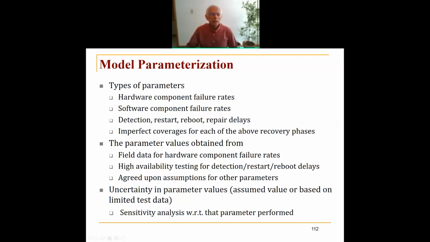Clearly, there is a lot of uncertainty in parameter values, particularly when they are assumed, but also when they are based on field data, because it will always be limited test data. So sensitivity with respect to these parameters needs to be performed.